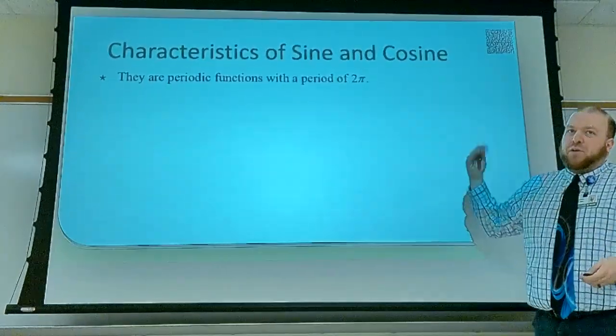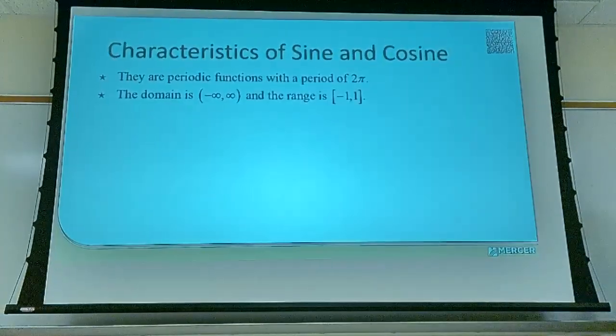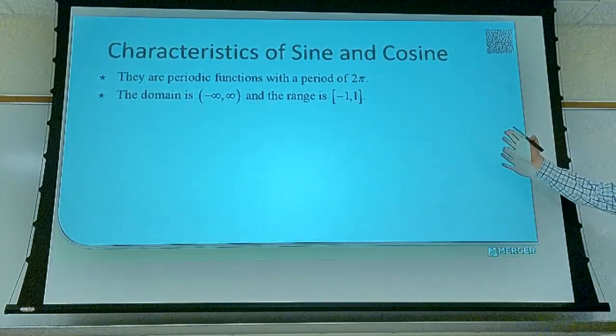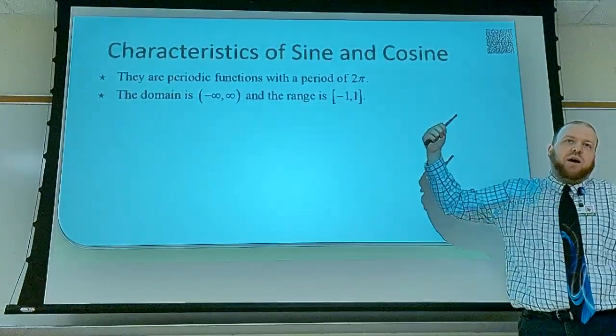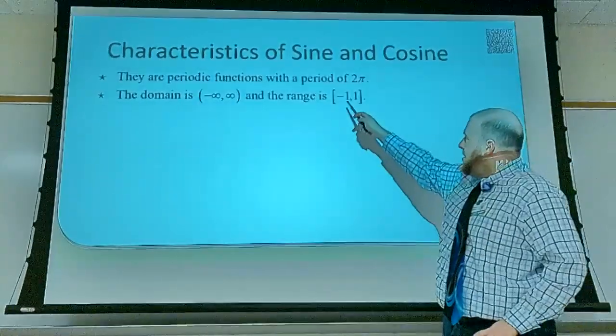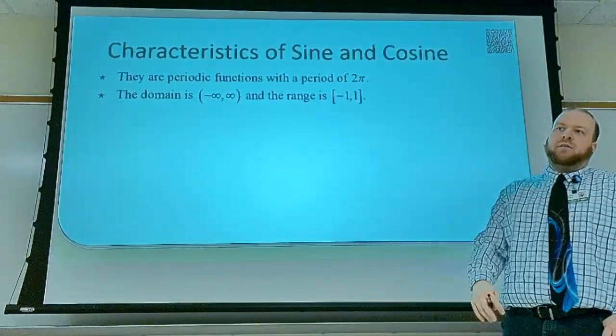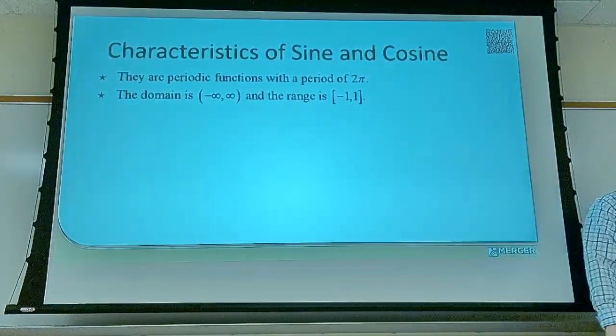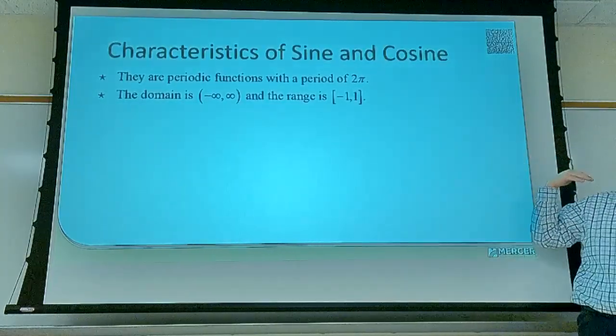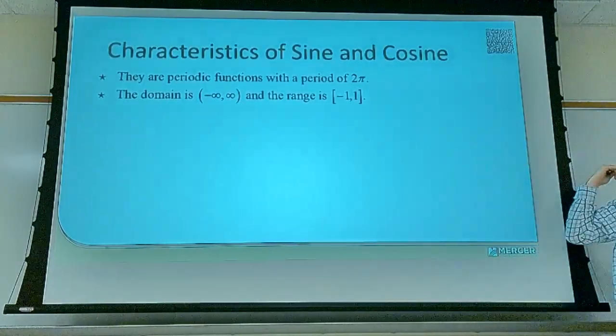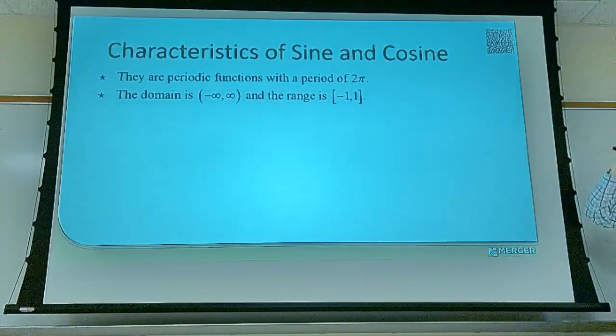Obviously, going with that, both periodic with a period of 2 pi. For both sine and cosine, their domain is all real numbers. Their range, -1 to 1. Sine, cosine never go below -1, never go above 1. They're always bounded by -1 and +1.